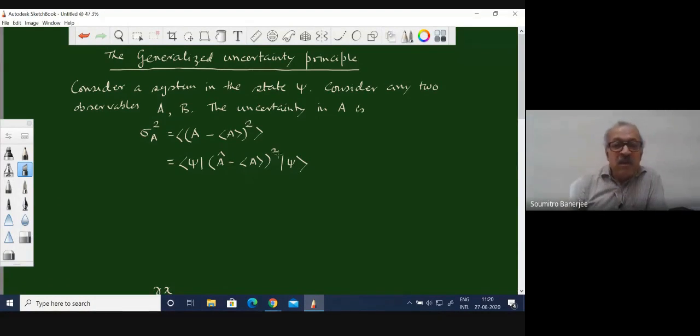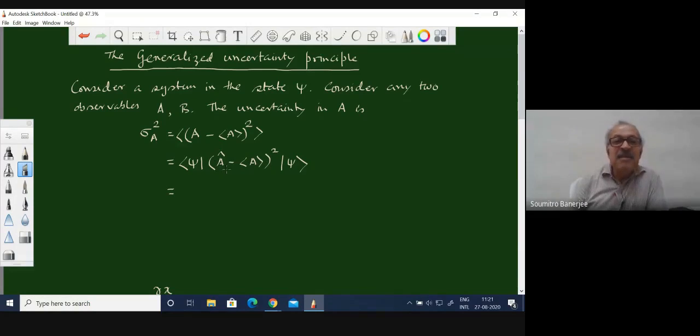Notice this whole thing is an operator. A is an operator corresponding to the variable A, and the expectation value of A is a number. But here it is an operator, meaning that whatever it operates on, it multiplies that by a number. That's it. That's also an operator, right?